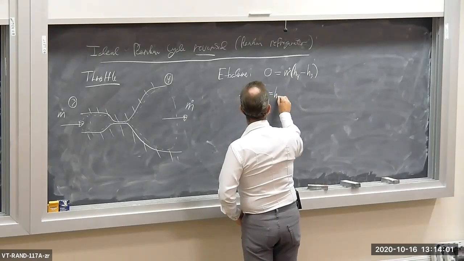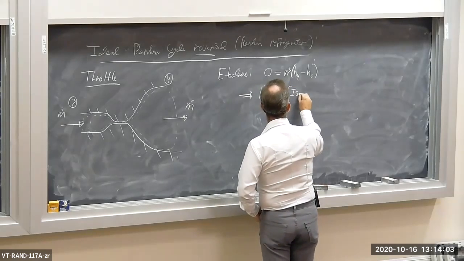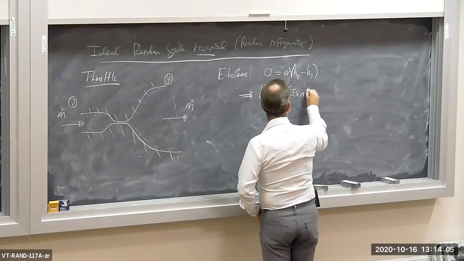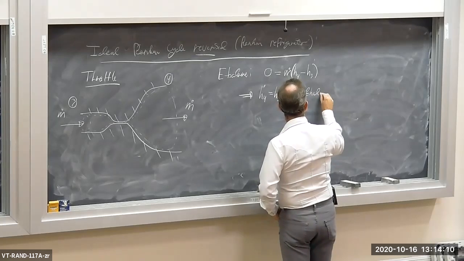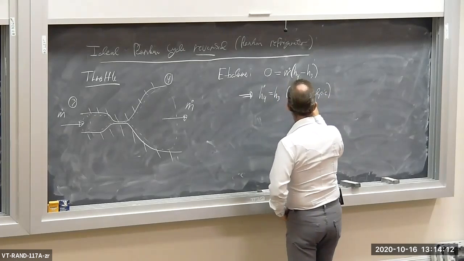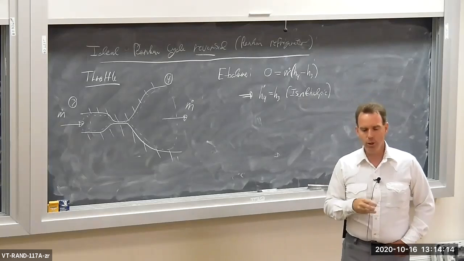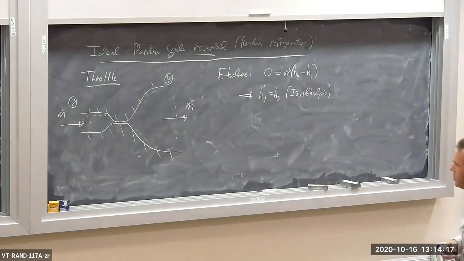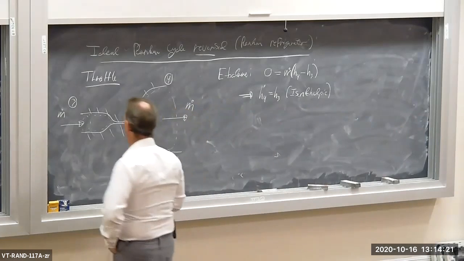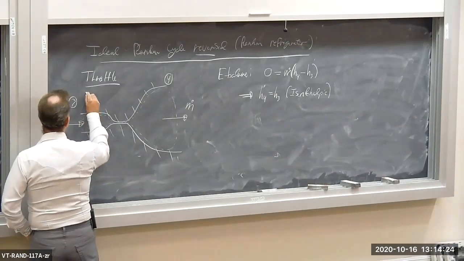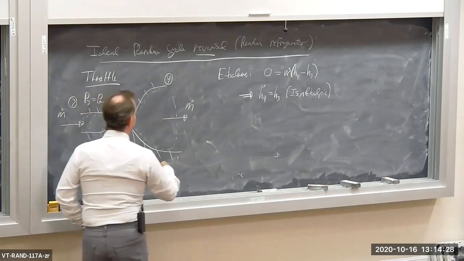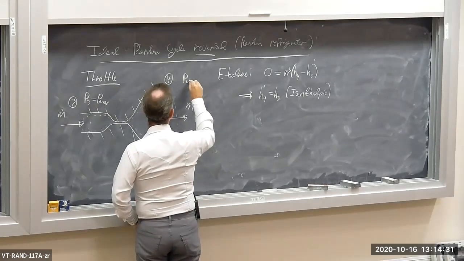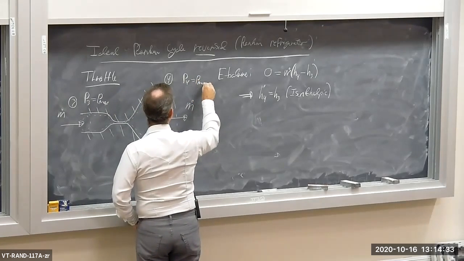H4 equals H3. Enthalpy is conserved across a throttle. Now let me point out here that this is the high pressure side, so this is P3, which is P max. And this is P4, which is P min.